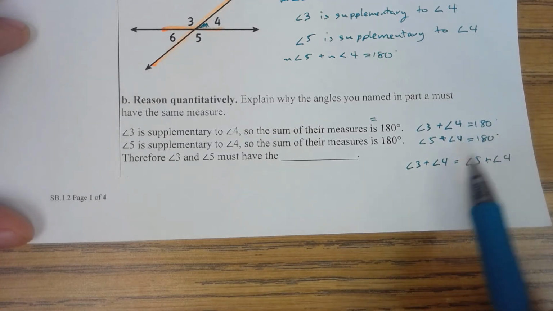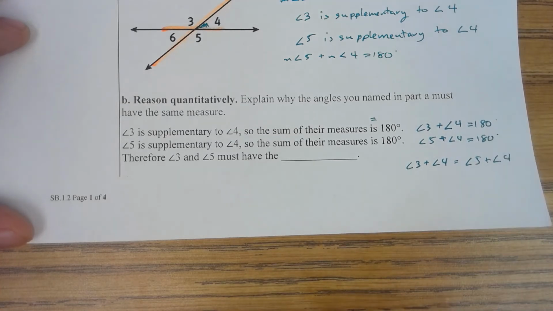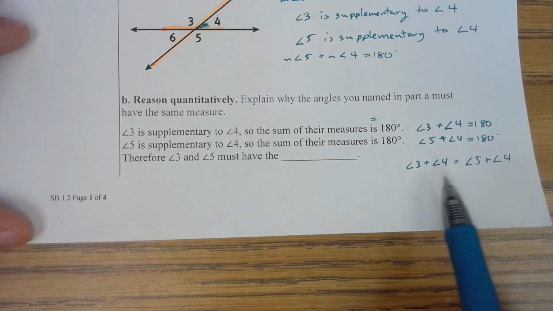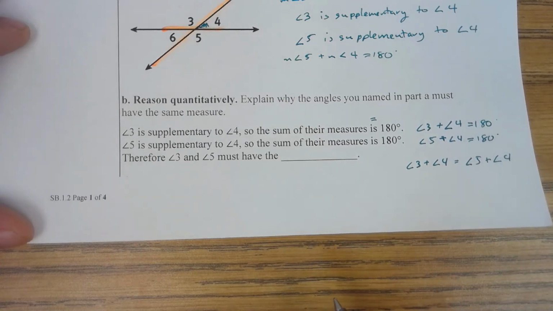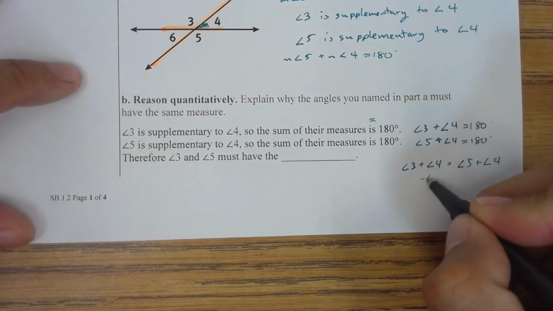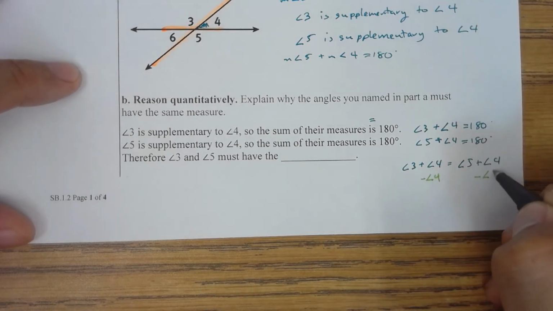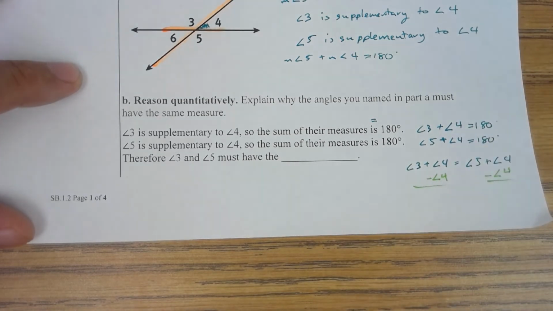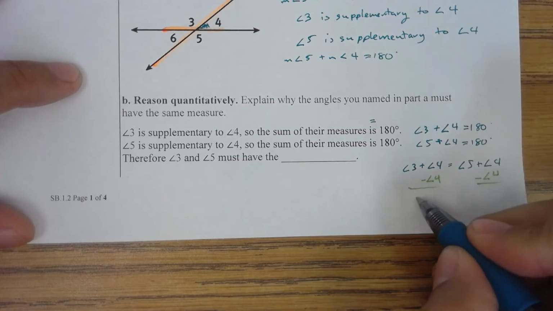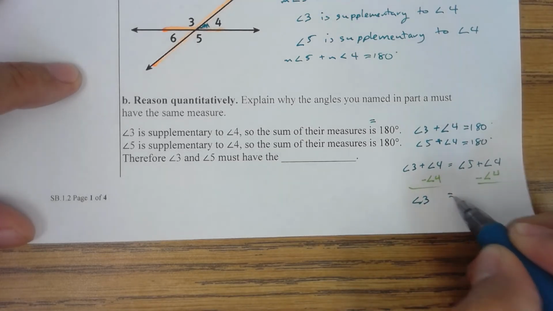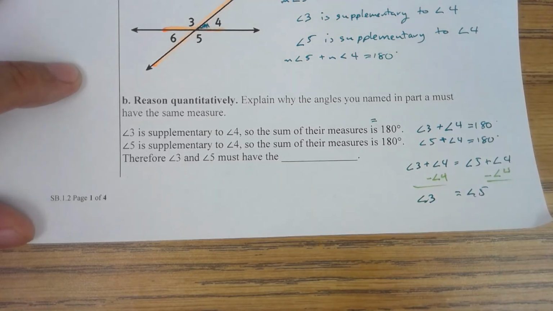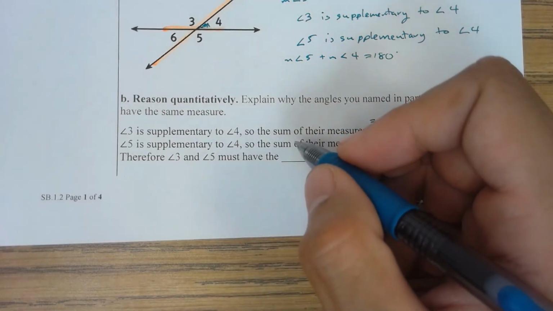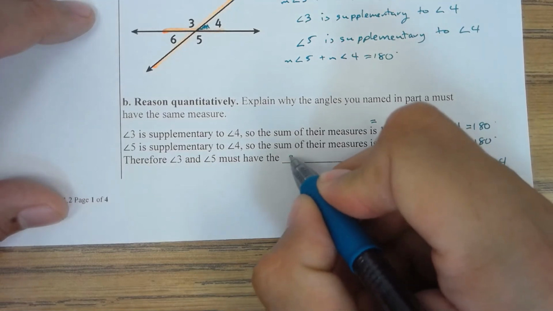Now take a look, both sides have angle 4, so we can subtract angle 4 from both sides. What we did was the subtraction property. So now we know that angle 3 is equal to angle 5. So that means angle 3 and angle 5 must have the same measure.